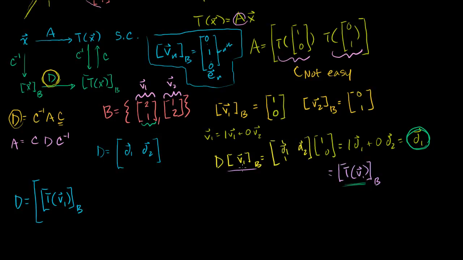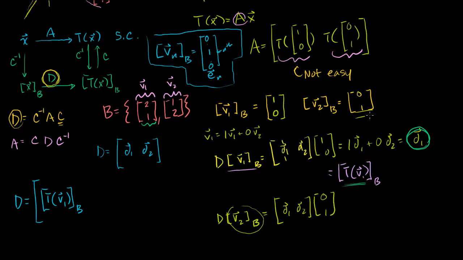Well, let's do the same thing to v2, our second basis vector. So if I multiply D times the second basis vector, v2, in B coordinates, in our new coordinate system, that is equal to D1, D2 times, what is this guy's representation in our new coordinate system? It's 0 times v1 plus 1 times v2. It's 0, 1.